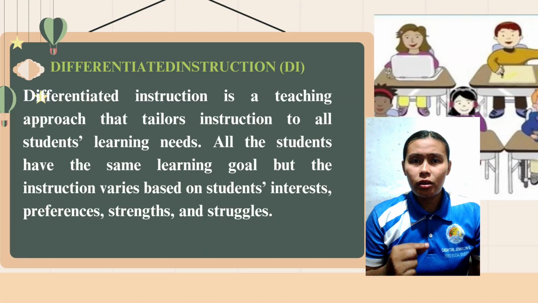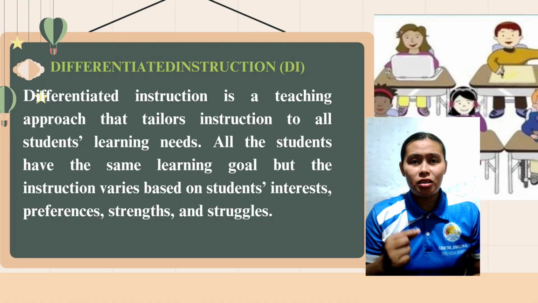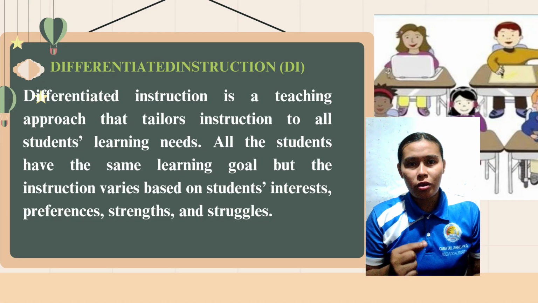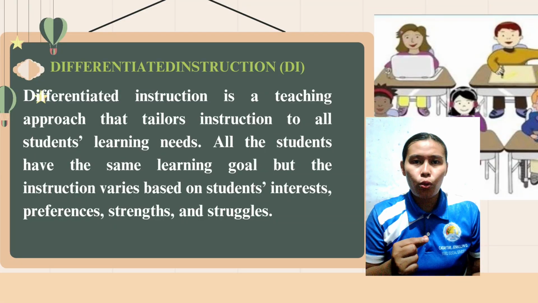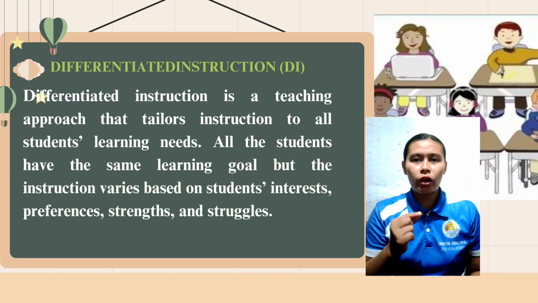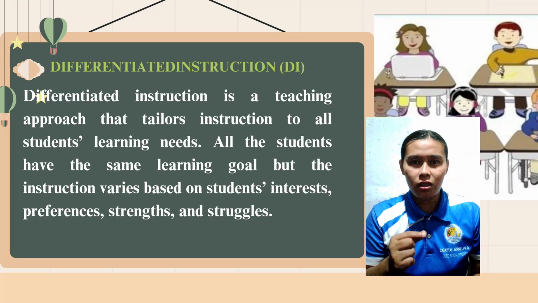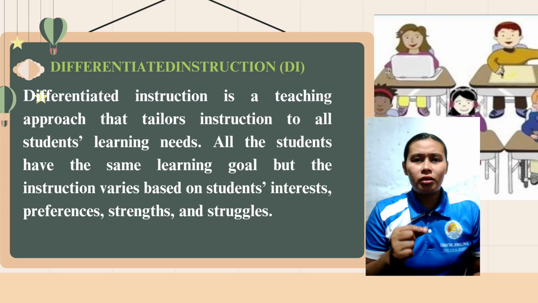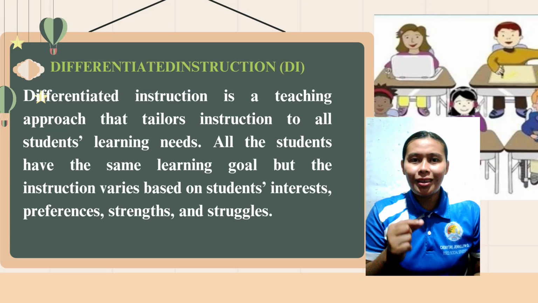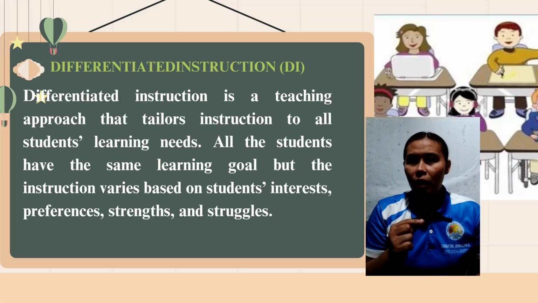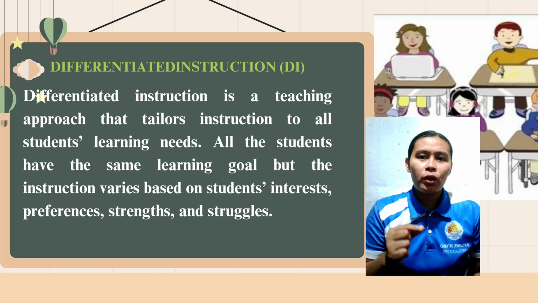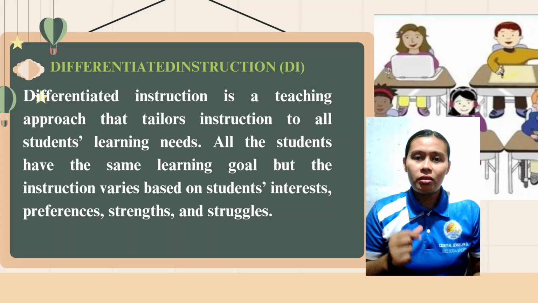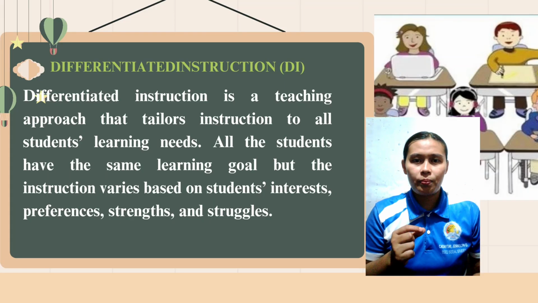In this method, the teacher seeks ways to adjust instruction, activities, and assessments to meet learners' diverse needs, interests, and abilities while ensuring that all students work toward the same learning objectives. Creating different lessons and activities to meet each student's individual needs can seem daunting, but differentiated instruction strategies empower educators with efficient ways to address the needs of all students.